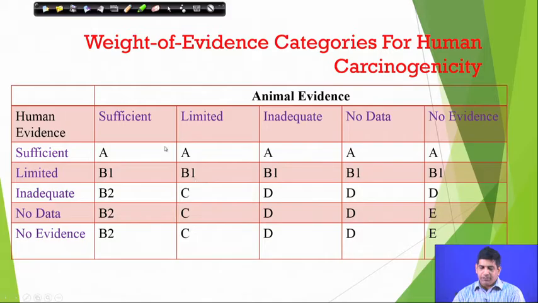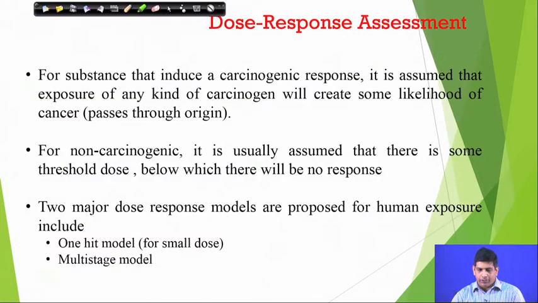This is limited. So, if it is limited, it is not sufficient; it is kind of inadequate, no data, no evidence. So, based on the weight of evidence category for human carcinogenicity, based on the lab data, we can try to look at the human evidence and try to correlate which one works out where. So, based on all these data, we try to generate this dose response curve.